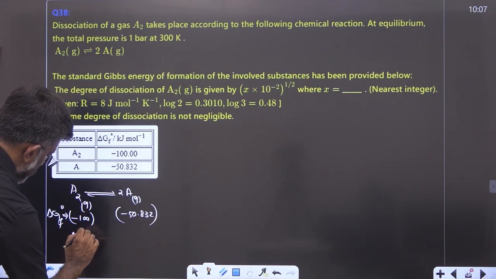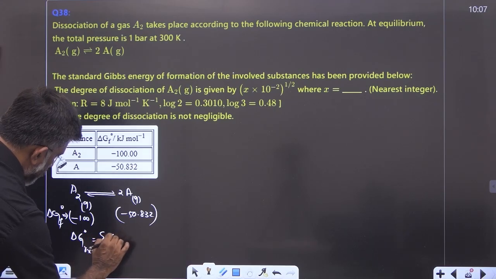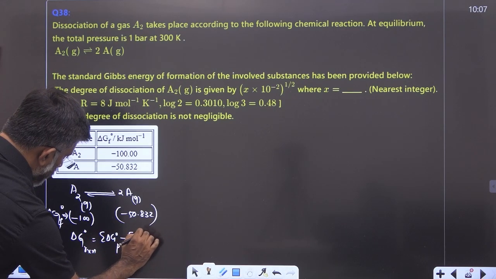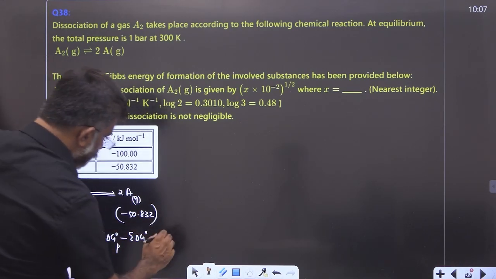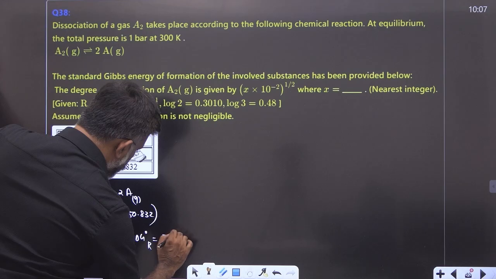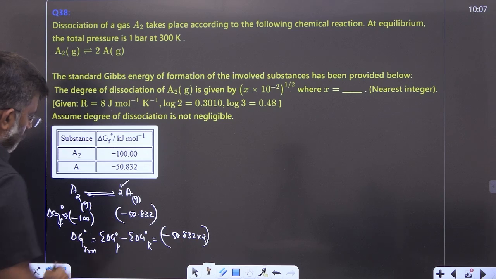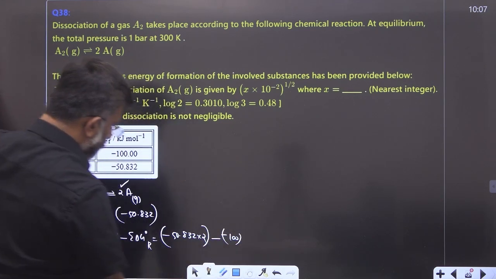Delta G reaction is equal to the sum of delta G products minus the sum of delta G reactants. So this minus this: minus 50.832 into 2, that's very important, minus 100.